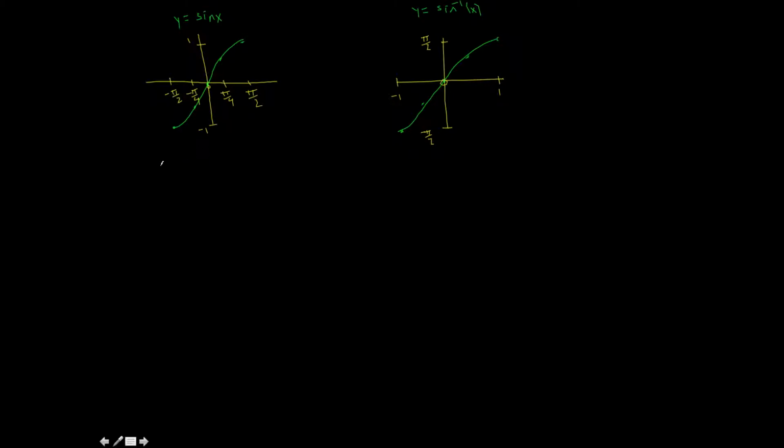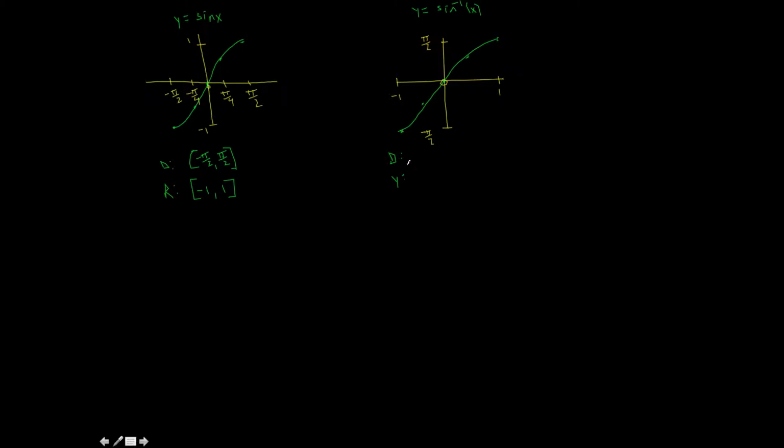So what we say is this: the domain of the original, if you remember, is from negative pi over 2 to pi over 2. The range of the original, what's the lowest value? Well, it's negative 1. The highest value is 1. That would be the range. So, remember another characteristic of inverses.